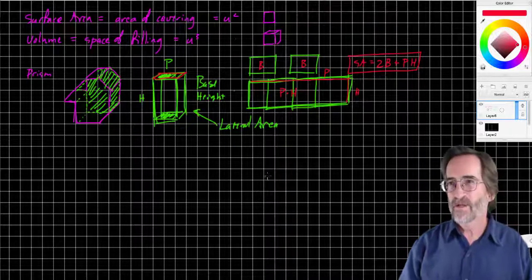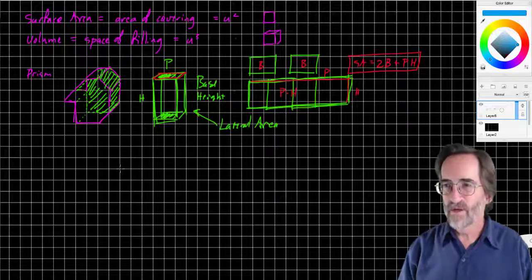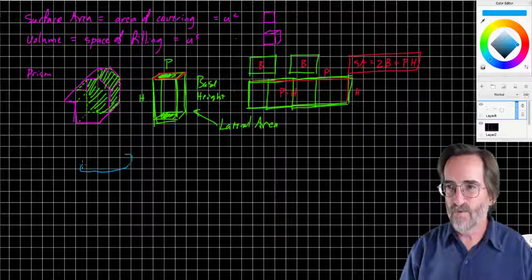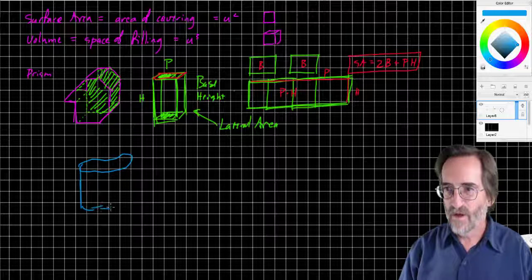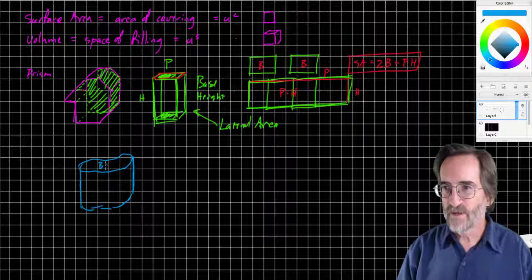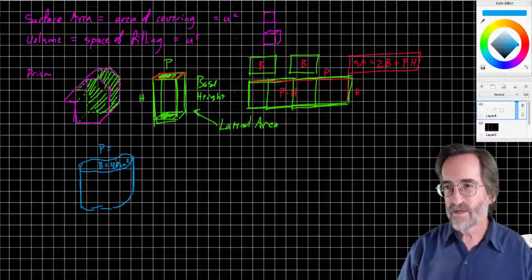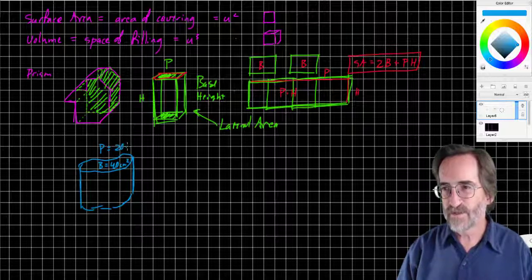Okay? Let me give you an example. Let's say I've got an irregular shape, kind of a bean shape here. And I tell you the area of the base is 40 square centimeters. And the perimeter of the base is 20 centimeters.